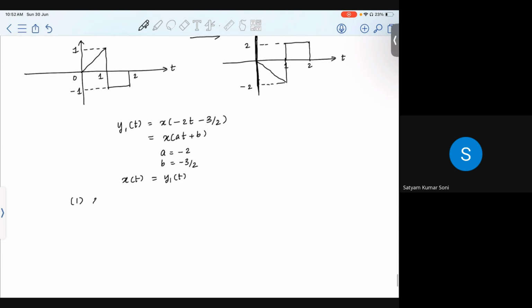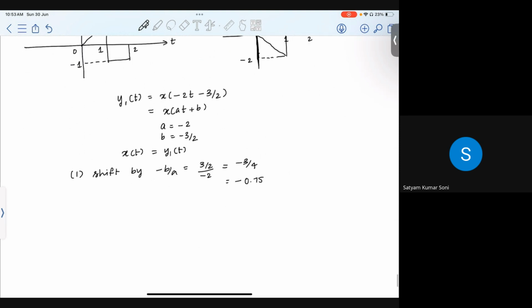First step is to shift by minus b by a, which is 3 by 2 by minus 2, which is nothing but minus 3 by 4, that is minus 0.75, and then scale by 1 by a, which is 1 by minus 2, which is minus 0.5. So how do we shift by minus 0.75?